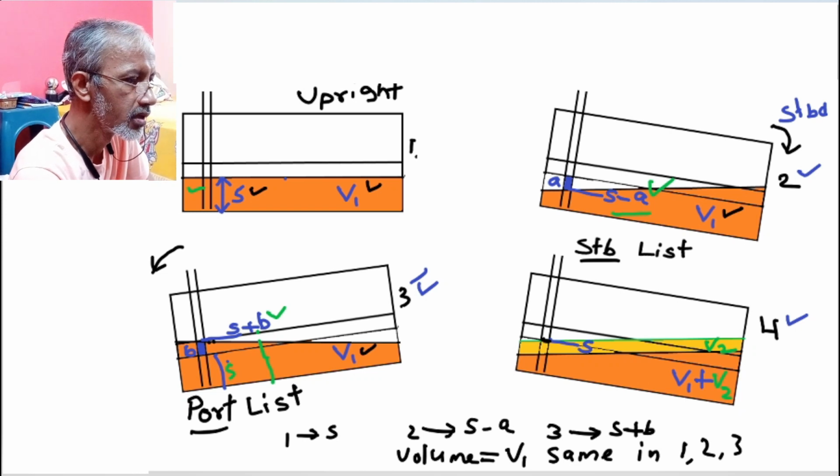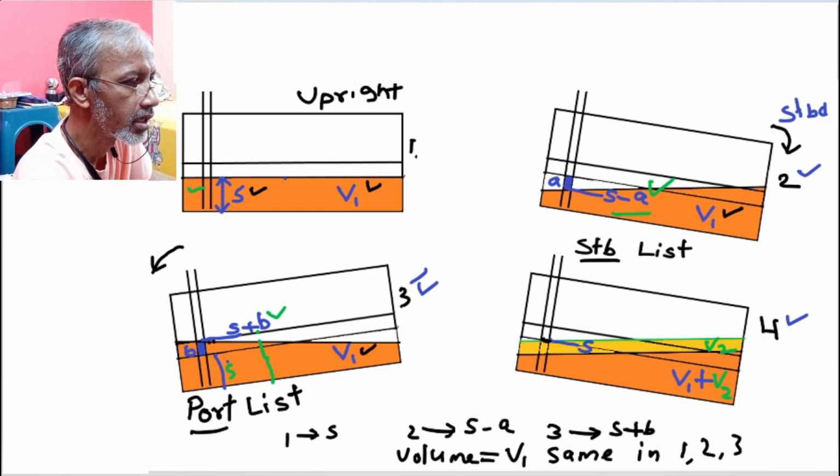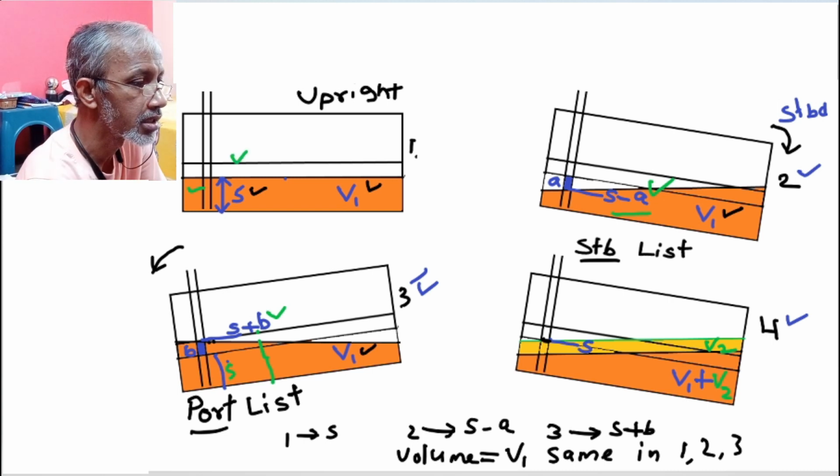And similarly, in the port list condition, the sounding will increase from S to S plus B. By mistake, if we take the sounding as S plus B, it will be somewhere here in the upright condition. It refers to a volume greater than V1.